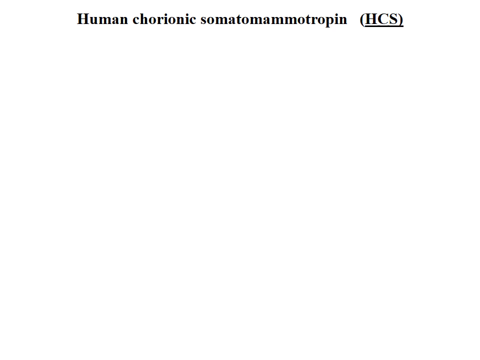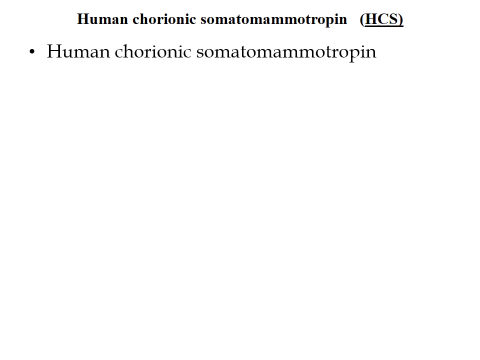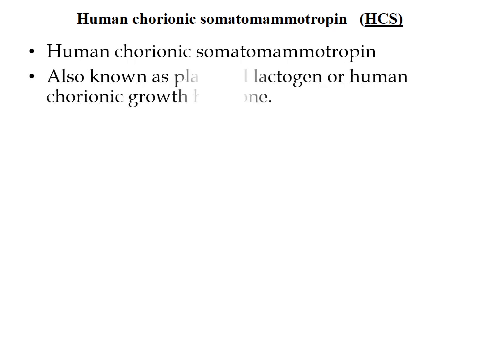Human chorionic somatomammotropin, which is also called HCS. Human chorionic somatomammotropin is also known as placental lactogen or human chorionic growth hormone.